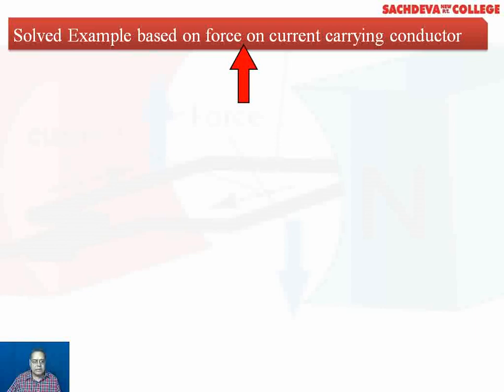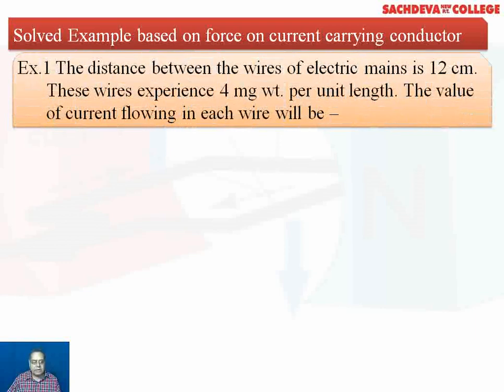Now there are certain examples solved based on the force on a current carrying conductor. The first example is: the distance between the wires of electric mains is 12 centimeters. These wires experience 4 mg weight per unit length. The value of current flowing in each wire will be? Now, before solving the question, you must understand that mg weight is a smaller unit of force in gravitational system.